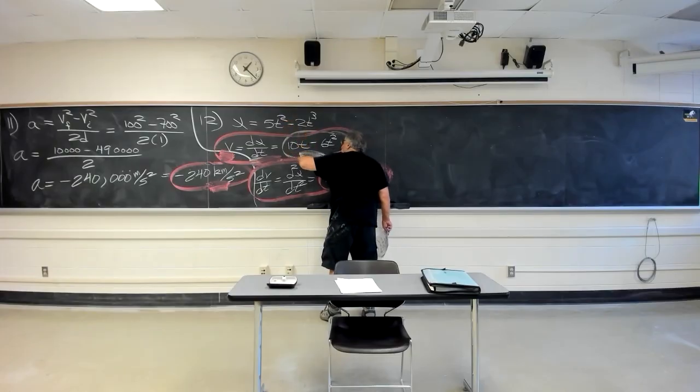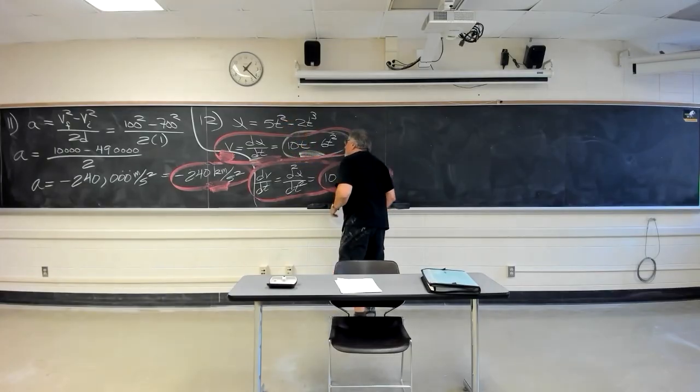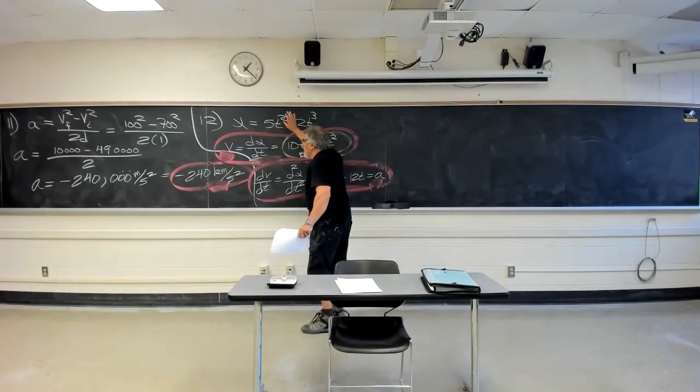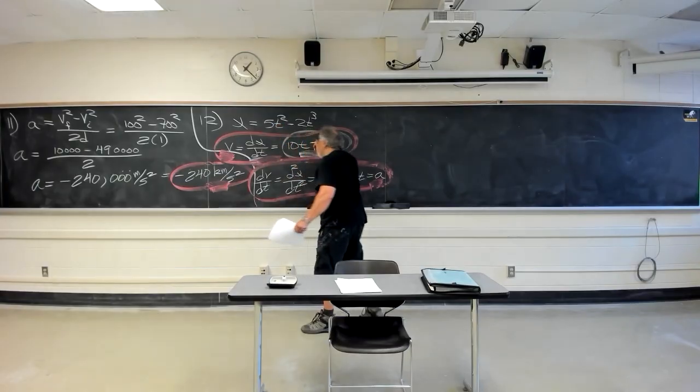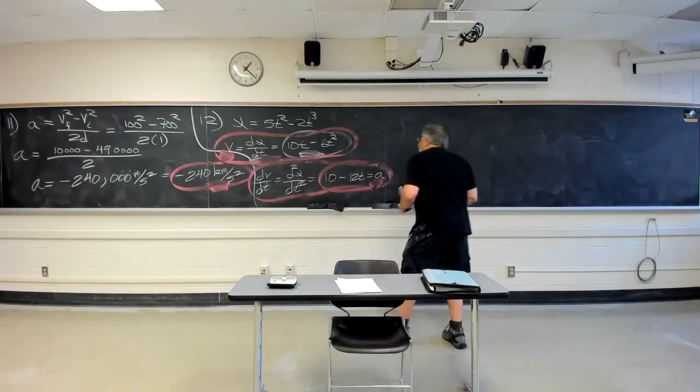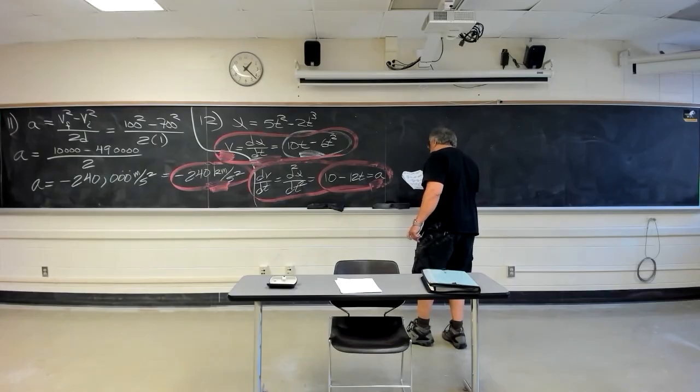First derivative of the x function set equal to 0 will give you what the maximum x is. The first derivative of the first derivative, in other words, the second derivative of the x function, which is the first derivative of the v function, set equal to 0 will give you the time in which v is at a maximum.